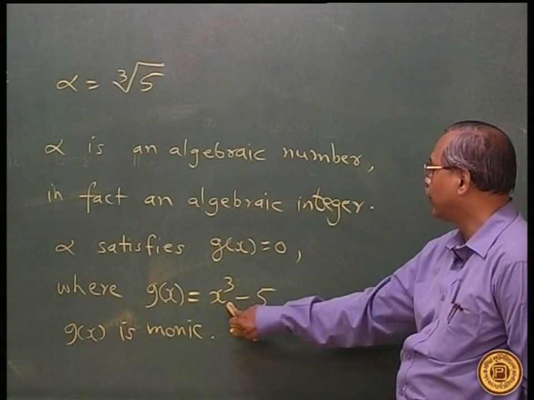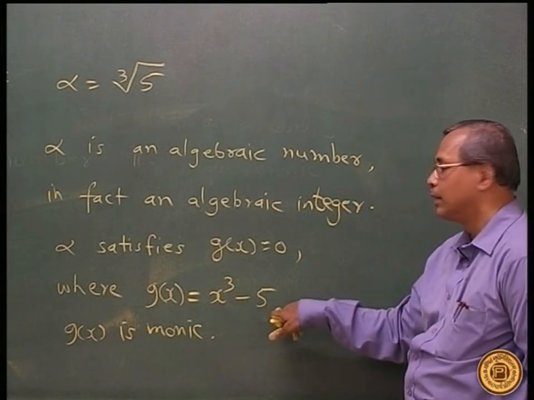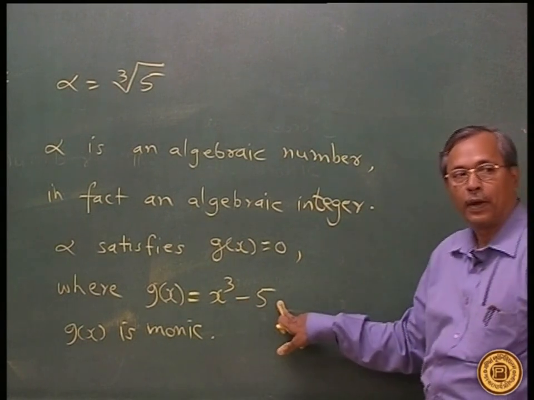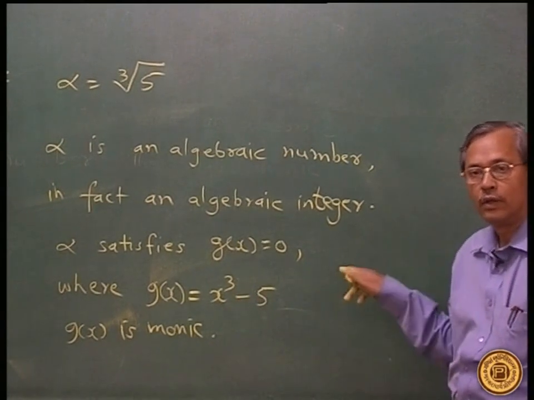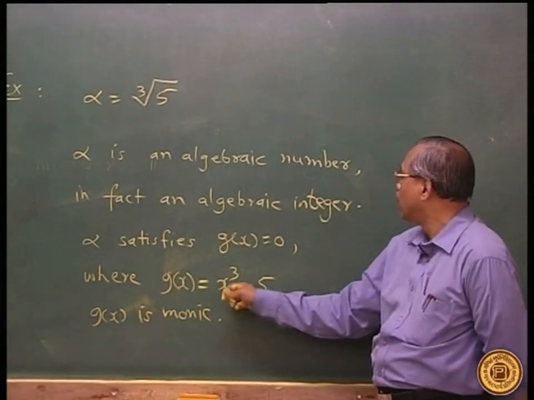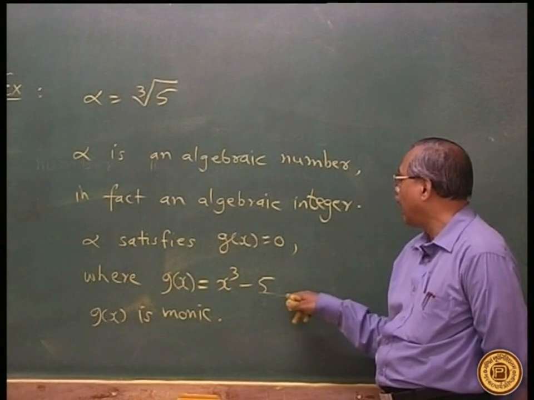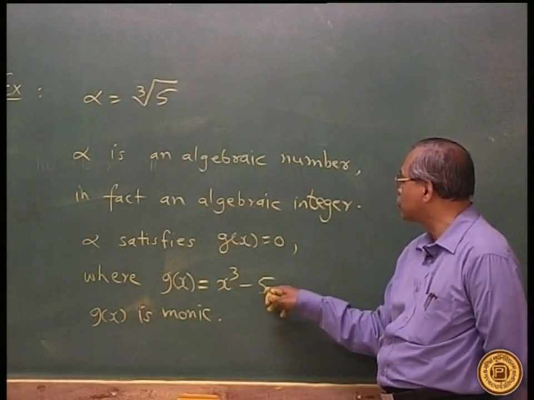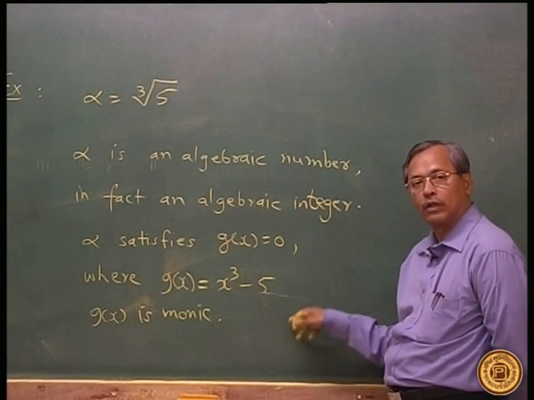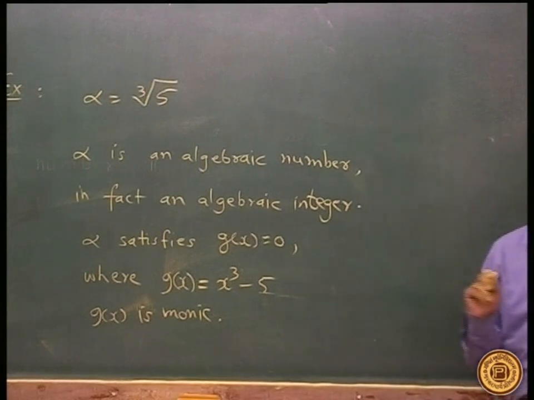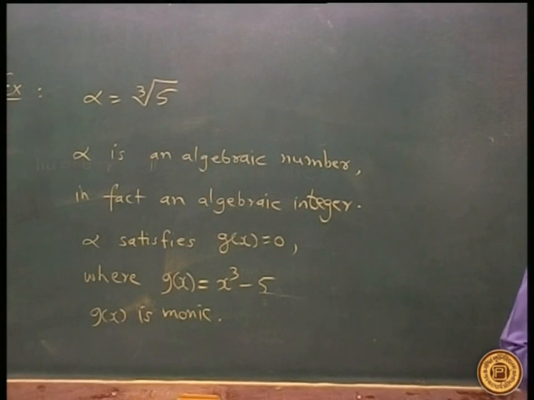0 into x square, 0 into x minus 5. The coefficients are 0, 0, minus 5. So 5 divides all the coefficients other than the leading coefficient, and 5 square does not divide the constant term. 5 divides the constant term, but 5 square does not divide the constant term. That shows that the polynomial is irreducible.